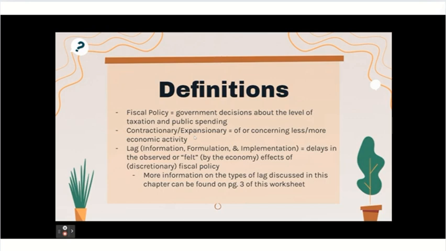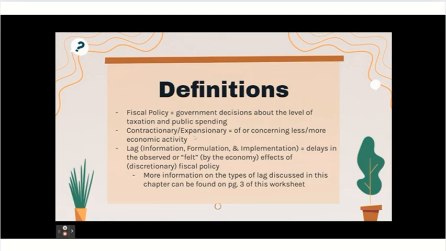Then there's lag. Lag was discussed on the page right before this, and it's just the kind of array of delays. We only talk about 3 here, and they're pretty all encompassing.